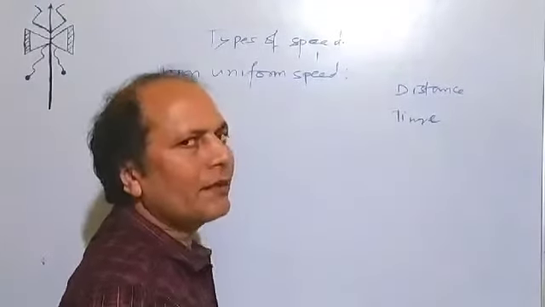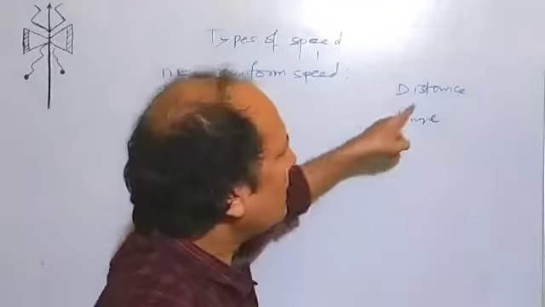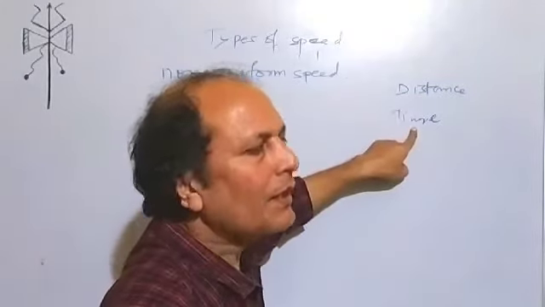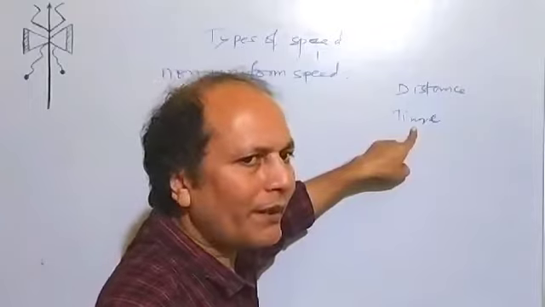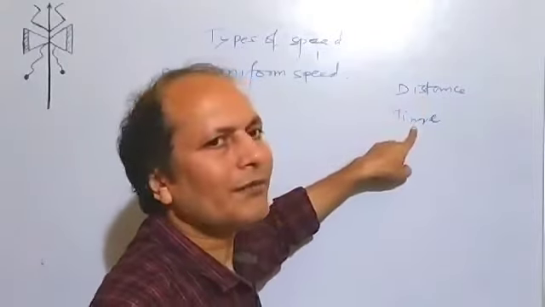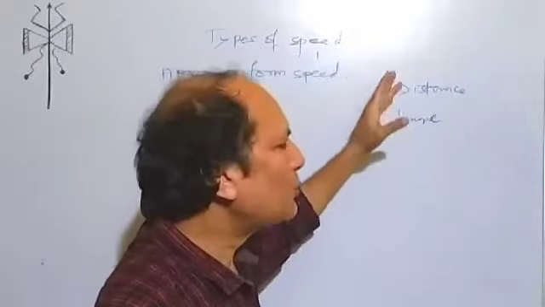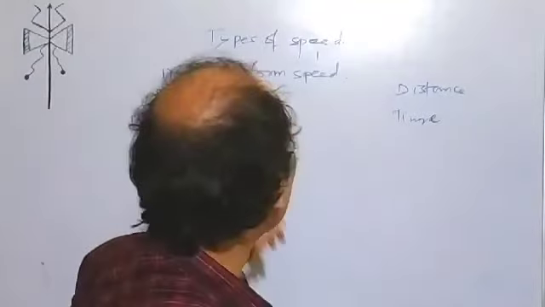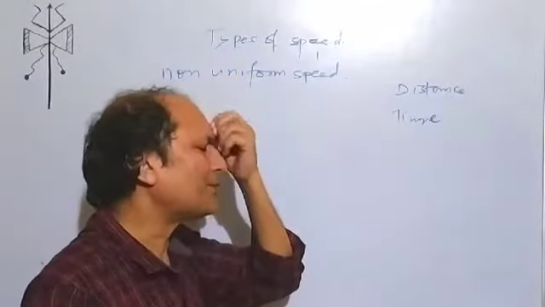So we can say that if a moving body covers equal distance in different intervals of time, or a moving body covers different distances in equal intervals of time, then on the basis of these two terms, non-uniform speed can be explained.